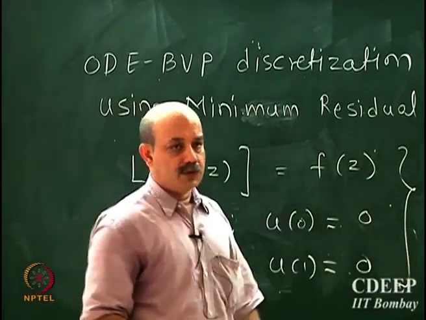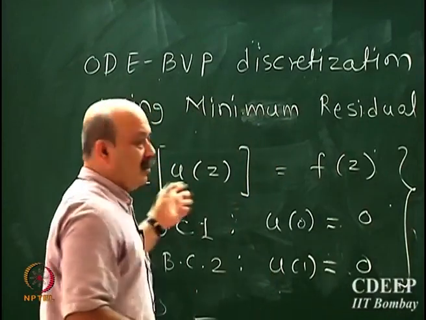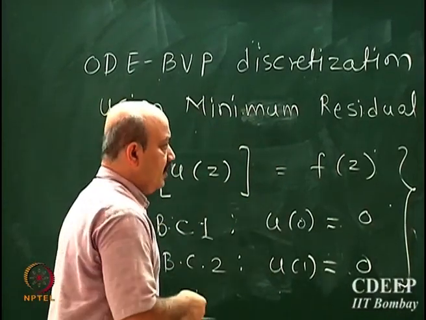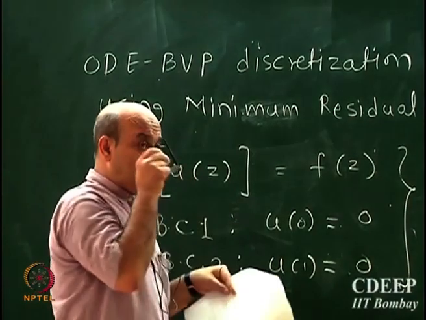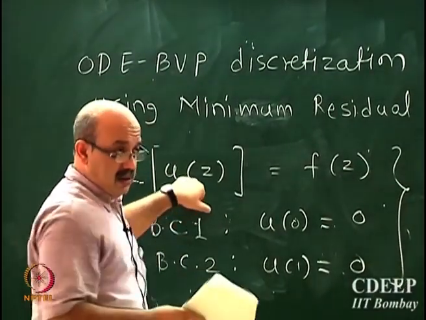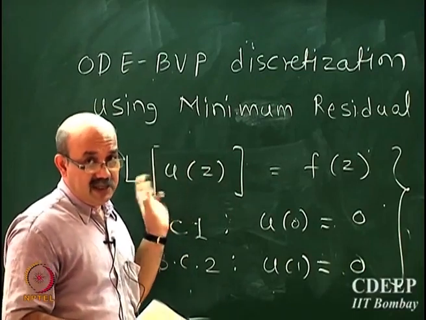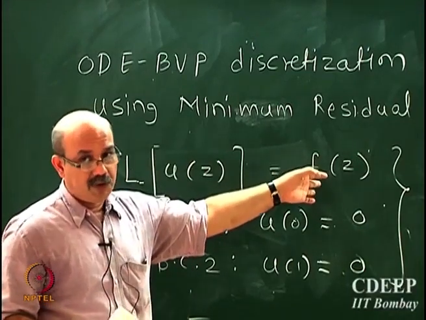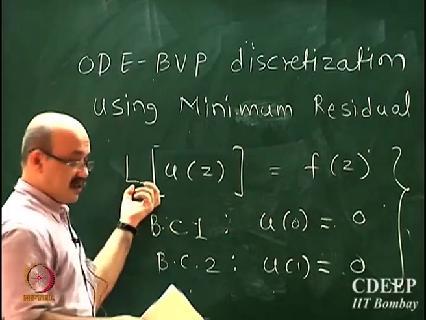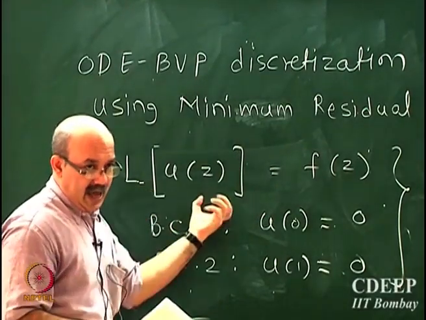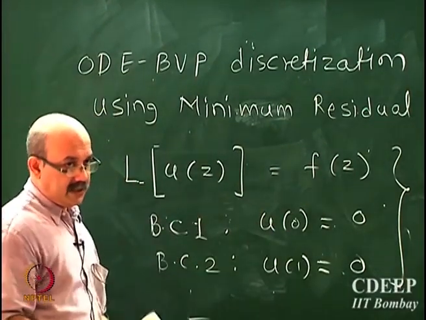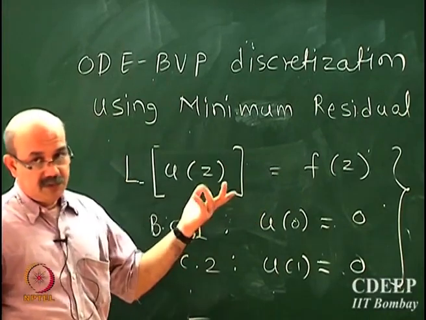Here I am assuming that L is a differential operator which is operating on u. Conceptually we are not doing anything different than Ax equal to b, and we have talked about it. So this is equivalent to operator A x equal to b. We are trying to find the inverse problem, a classic inverse problem.